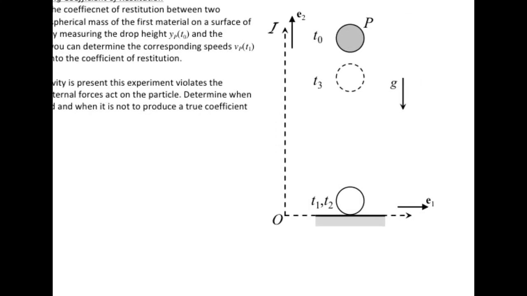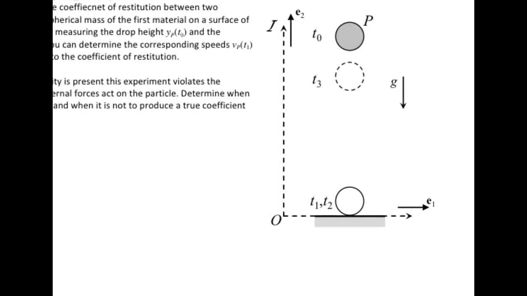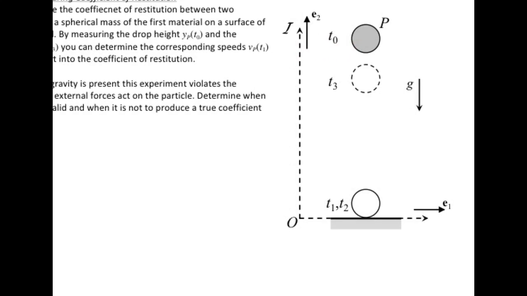So let's define the system that we're looking at. Here we have t0, which is going to be our initial drop height. That means we have a location that we'll call y0, our initial position above point O, which is inertially fixed. This is our ground, fixed in the inertial reference frame. Then the mass falls, and just before the impact at time 1, we have our location at y1.